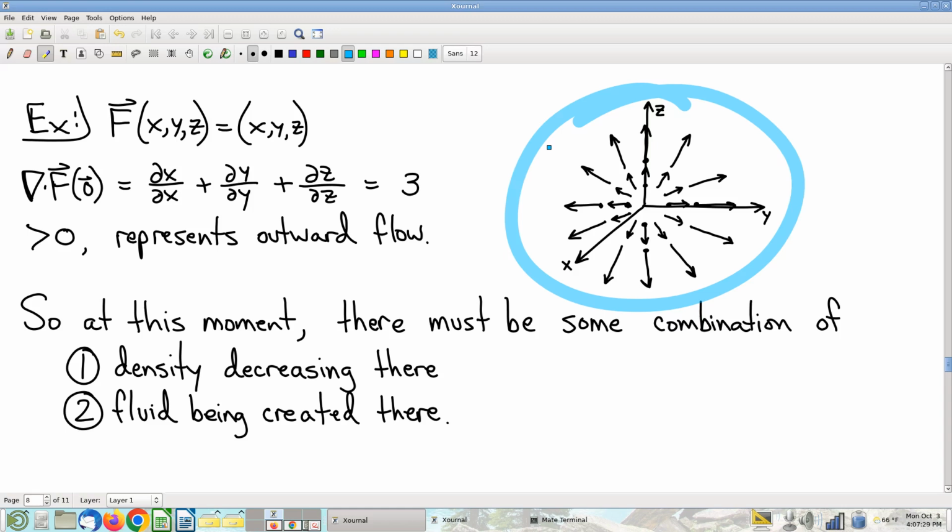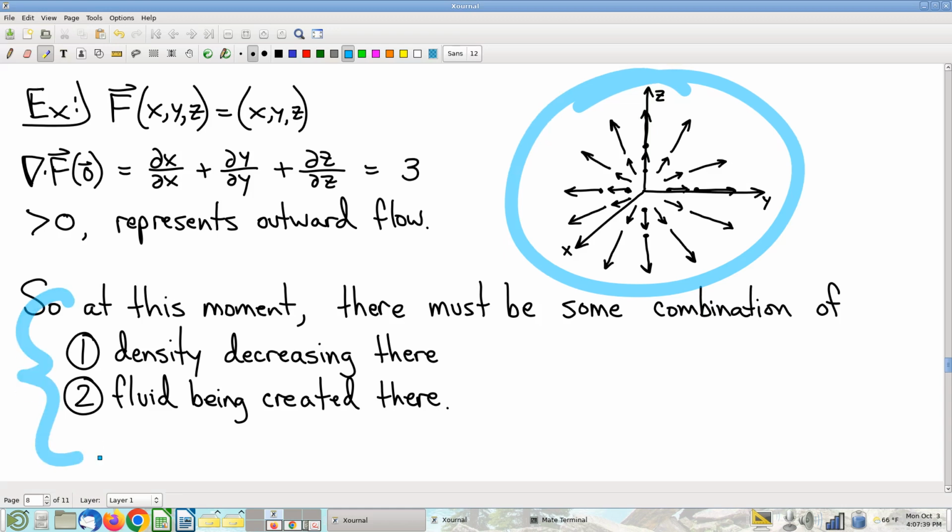What does that mean physically? Well, here's the thing. There's two different possibilities, and this is a source of confusion. It certainly was for me when I was first learning this stuff. The fact that there are different possible physical explanations, it's easy to conflate these little scenarios. But let's talk about them one at a time, and then we'll compare.